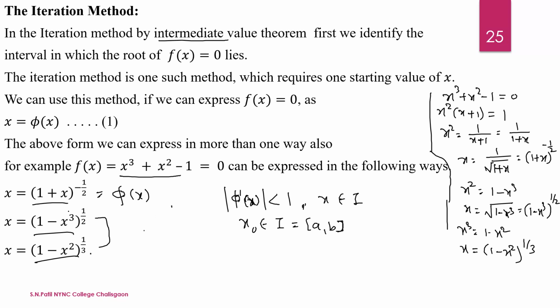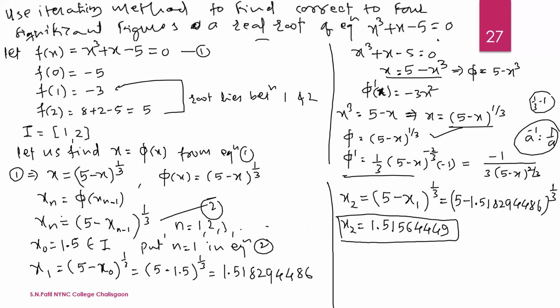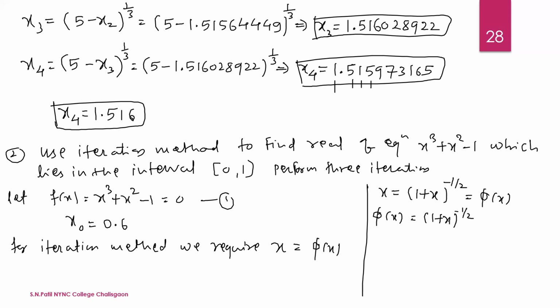Now for the first possibility, we select the first possibility, x is equal to (1 plus x) raised to minus 1 by 2, and we ignore the remaining two possibilities. Now this is the phi function, phi of x is equal to (1 plus x) raised to minus 1 by 2.